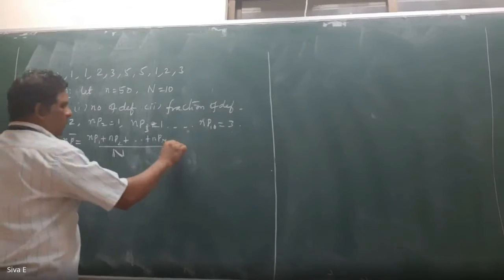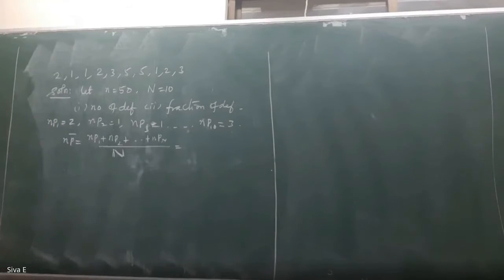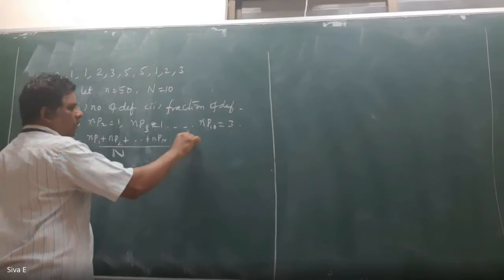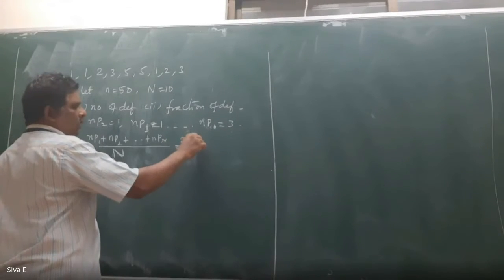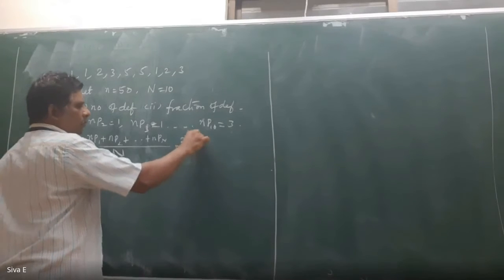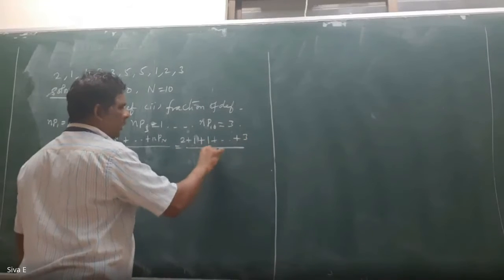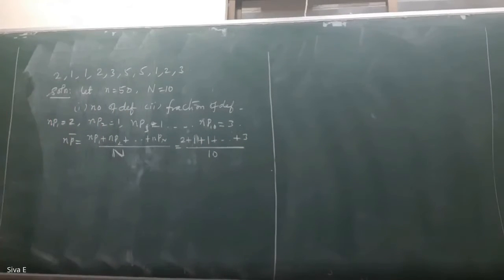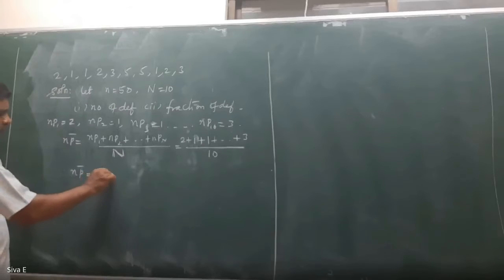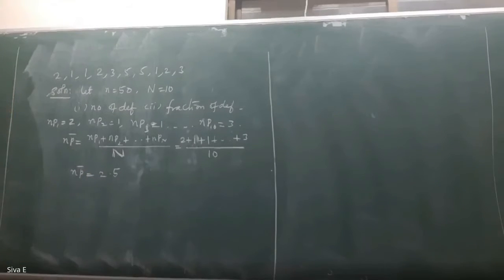That is, 2 plus 1 plus 1 plus etc. up to 3, by 10. What is the NP bar value? 2.5. NP bar is 2.5.